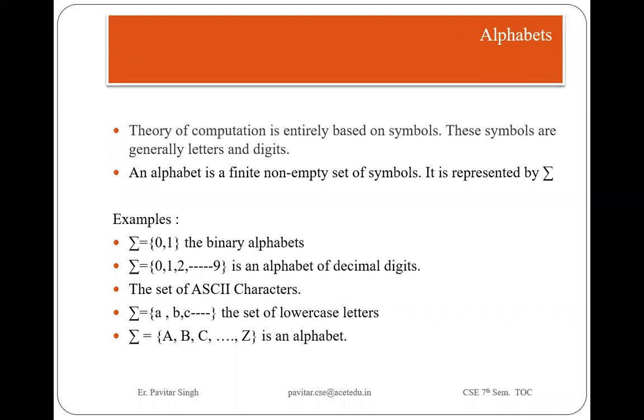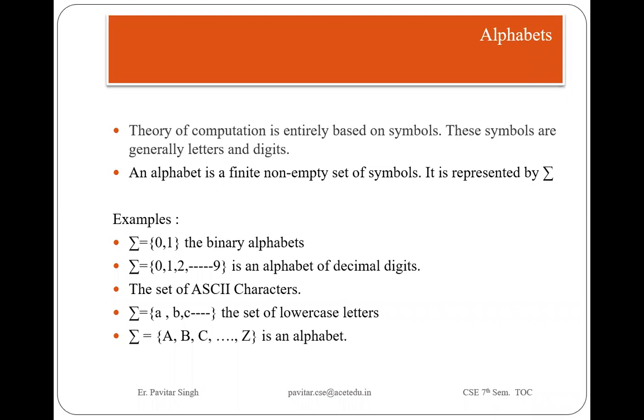Let's discuss some examples. The first example is sigma equals 0, 1. These are examples of alphabets, in the category of binary. As you all know, 0, 1 belongs to the category of binary alphabets. Then we have 0, 1, 2, 3, and so on up to 9.